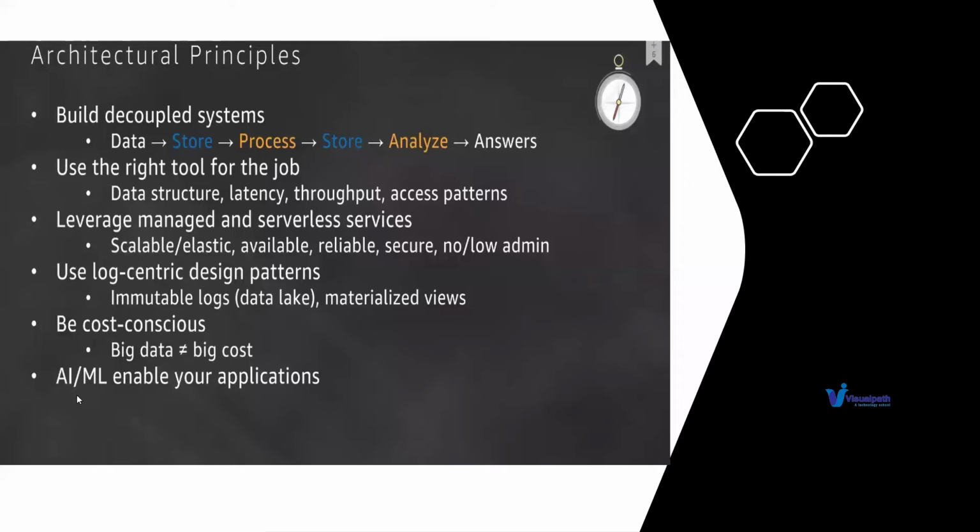Finally, you need to make sure that all your applications are enabled for AI, that is, artificial intelligence and machine learning enabled applications are the applications that you need to develop. These are all the things that we need to focus on when you're trying to create a data engineering architecture or a data engineering pipeline.